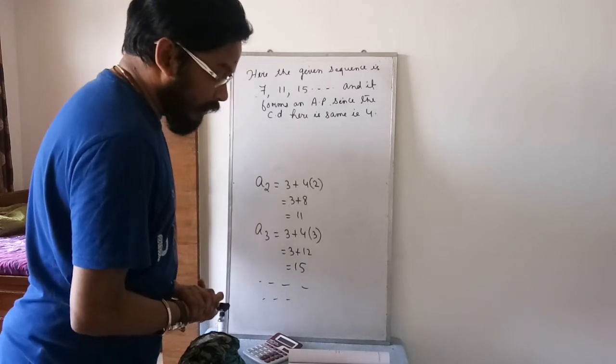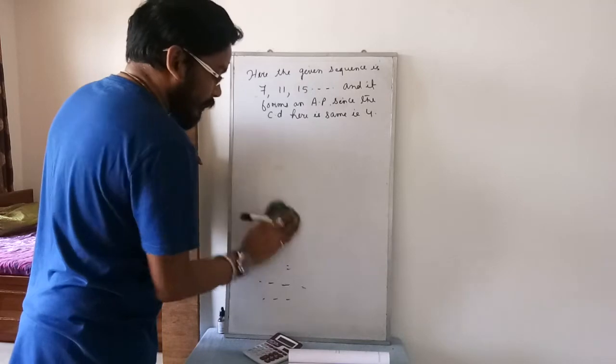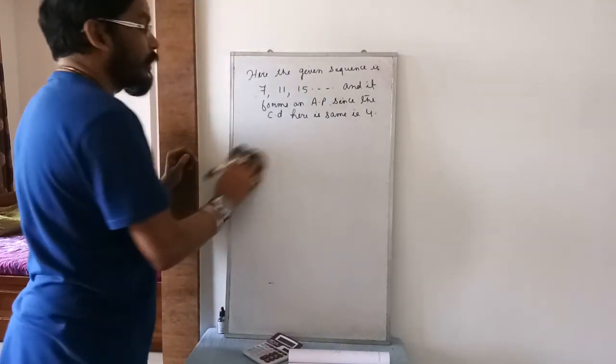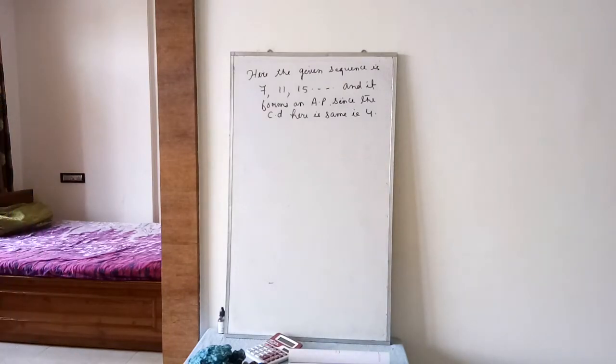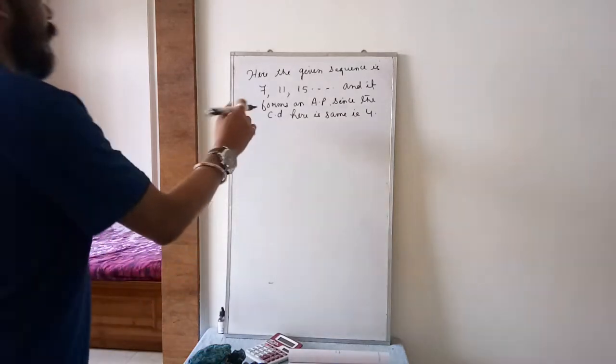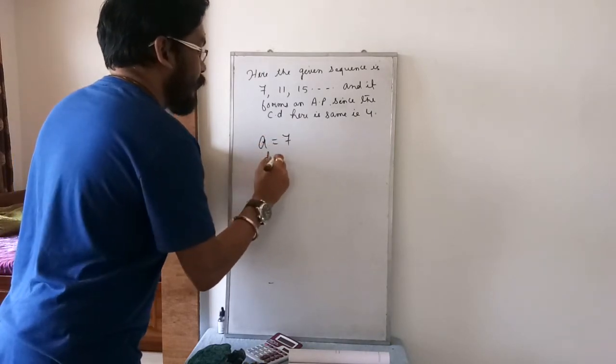Now I have to find the sum of first 15 terms. First take the screenshot of the upper part. I have to find out the sum of first 15 terms. So here a is your 7, d is your 4.